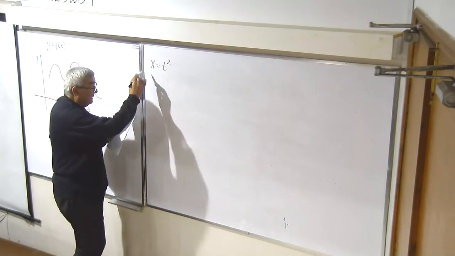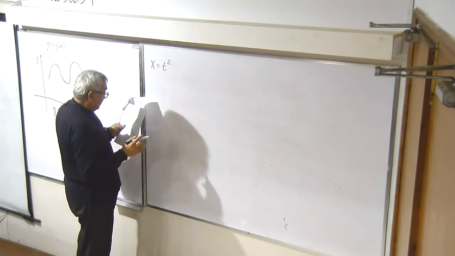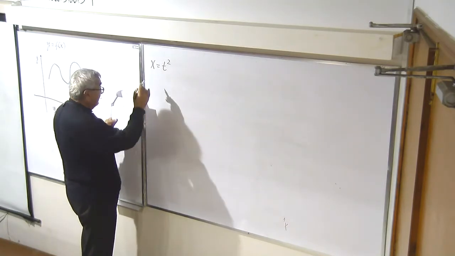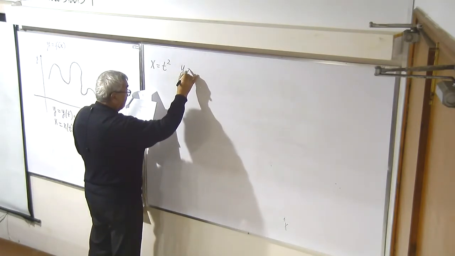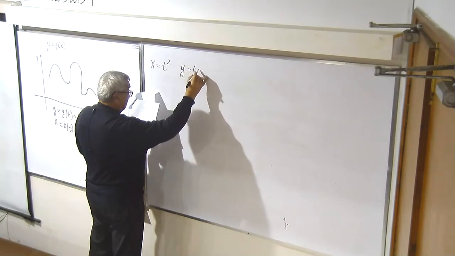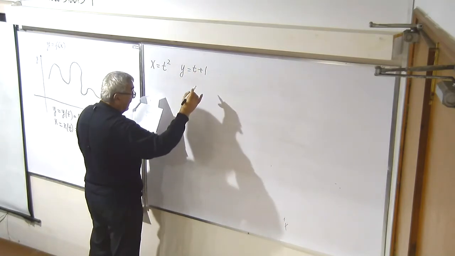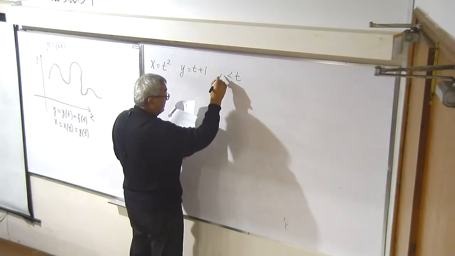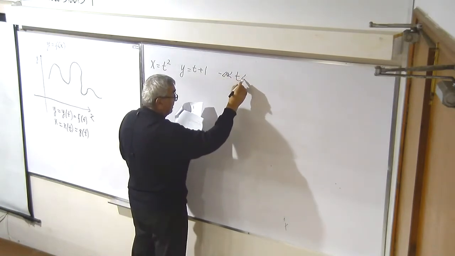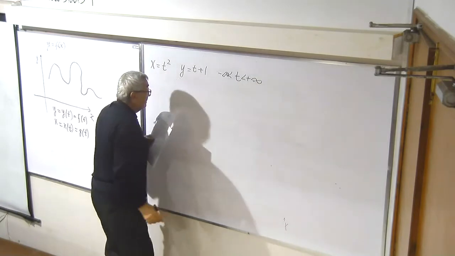I consider the parametric representation of x as t squared, and y equal to t plus 1. And t is time, which changes from minus infinity to plus infinity.